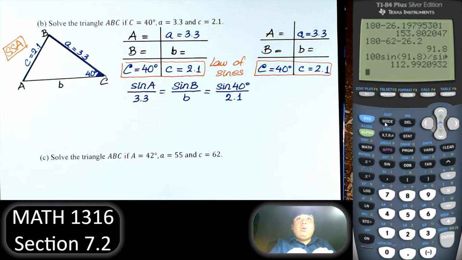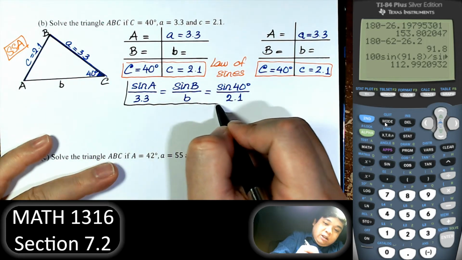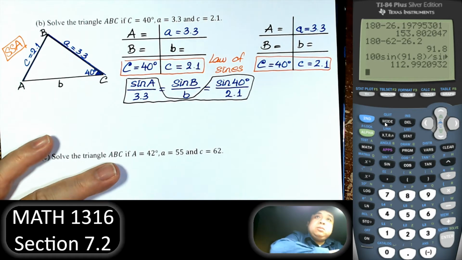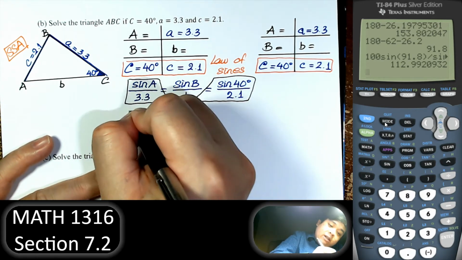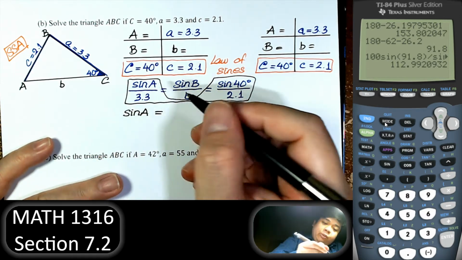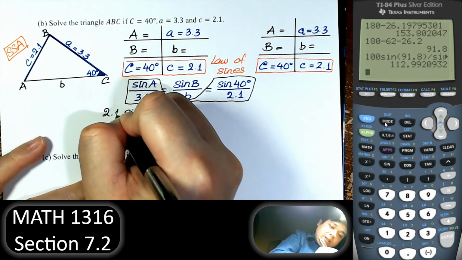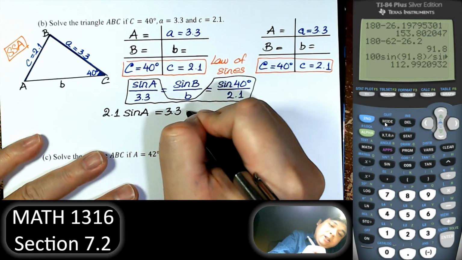Of course, the middle ratio is useless because we don't know either the angle or the side. But definitely we will use the first and the last because we know both of them. So cross multiplying here, 2.1 sine A is equal to 3.3 sine of 40.